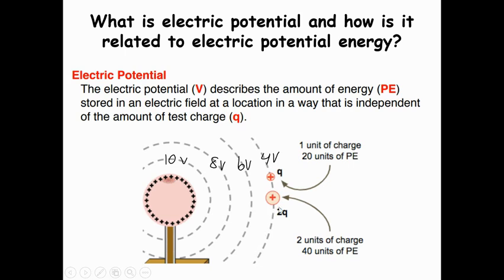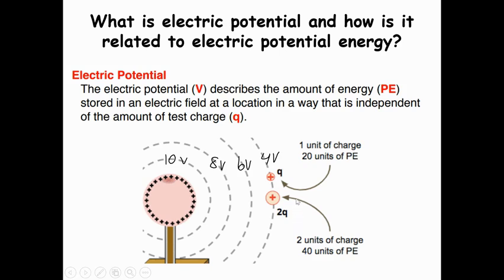Well, this is the equipotential line that we've mapped out in our lab. And let's say we place two charges, Q, and double that original charge, 2Q, on one of those equipotential lines. Even though these two charges are different, their electric potential is the same.